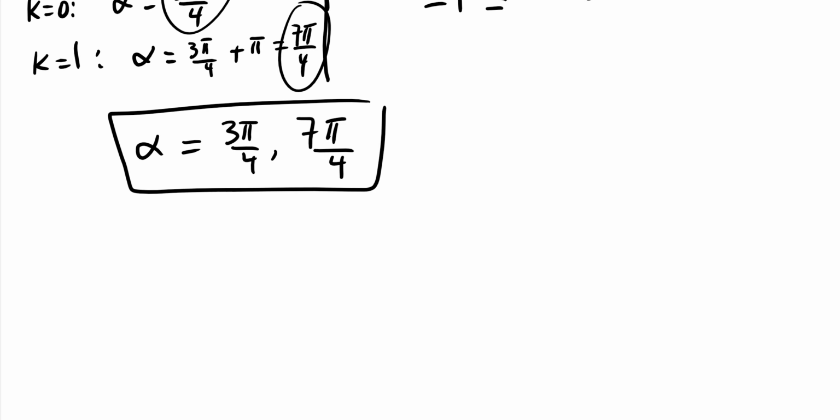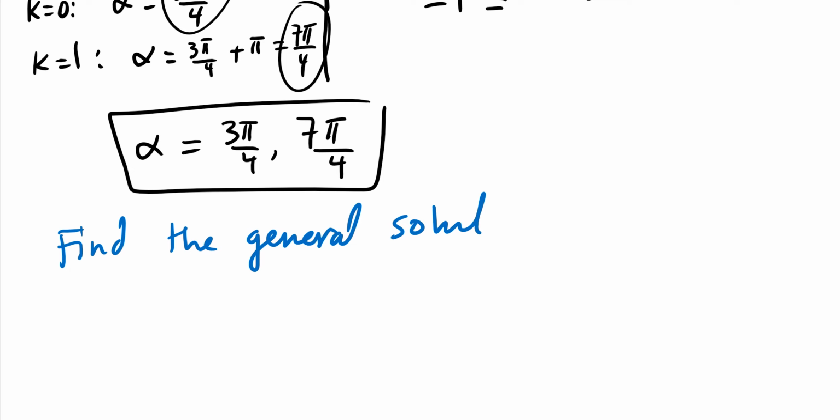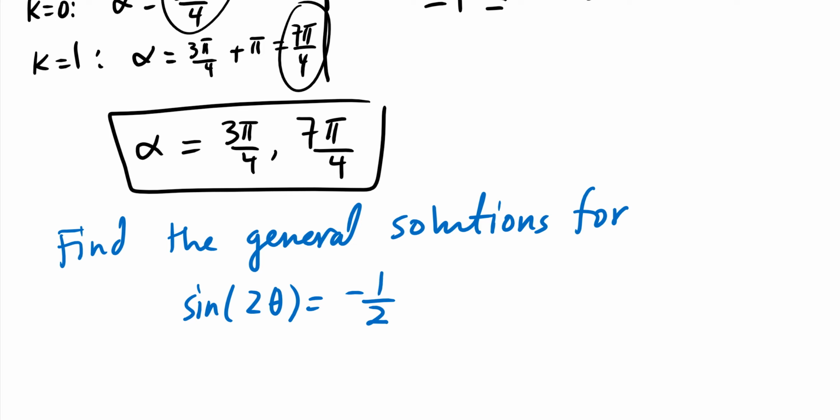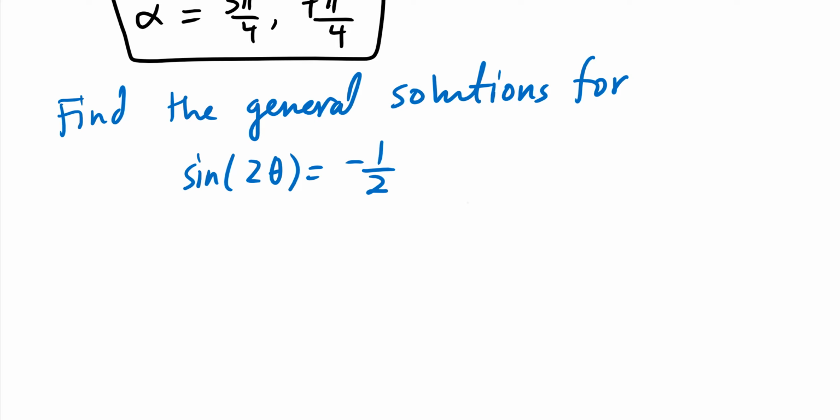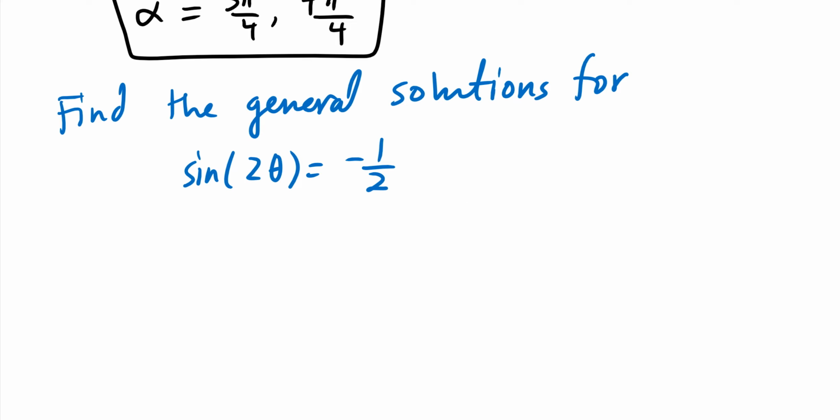What about another equation to solve? Find the general solutions for, let's say, this equation, sine 2 theta equals -1/2. So how do we find the solution for this? We start by asking ourselves, what is the smallest angle whose sine is -1/2?